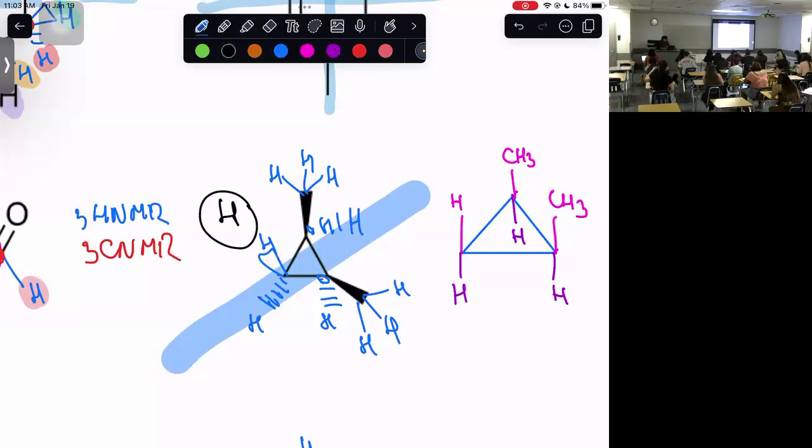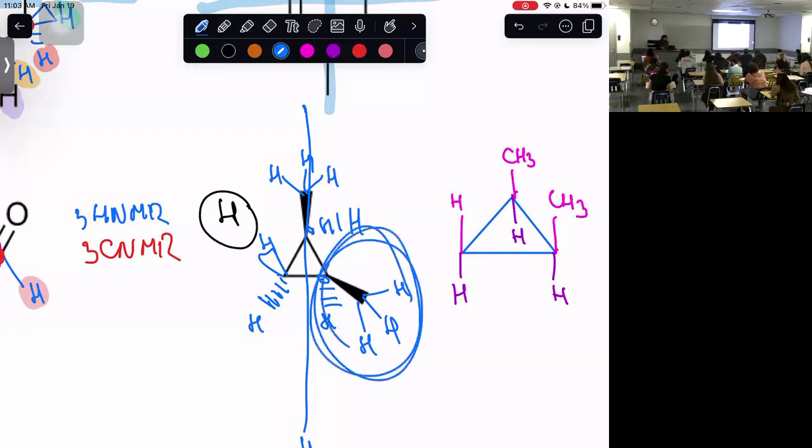And then let's just start counting our signals. Right here. Because you're not creating equal images on both sides. Remember that symmetry needs to be equal images on both sides, mirror images. So because we don't have this methyl group on the other side here, there's no symmetry.